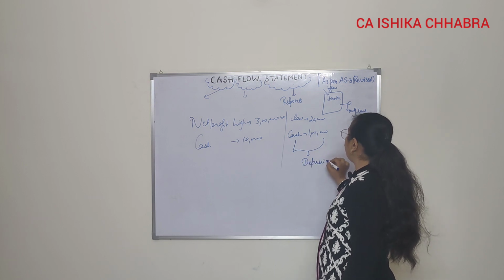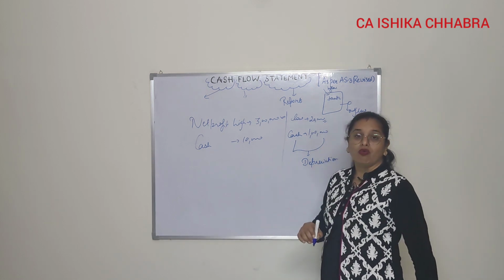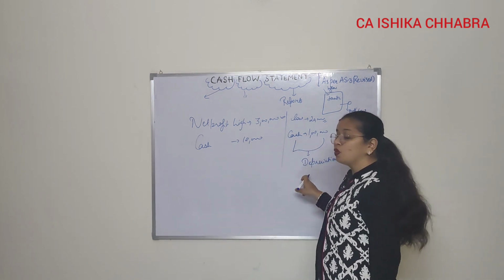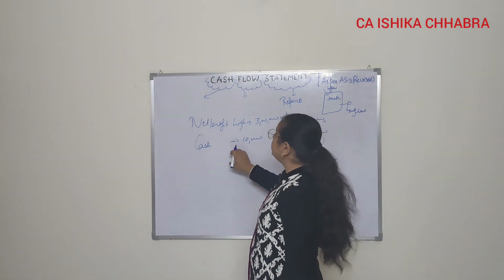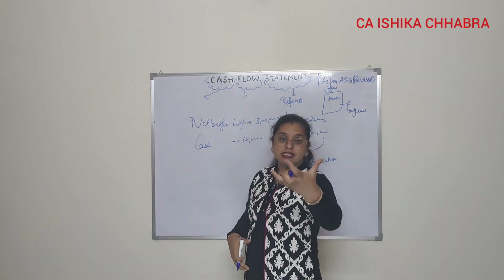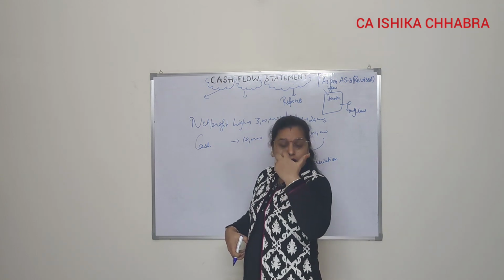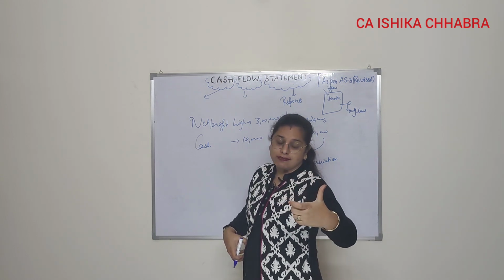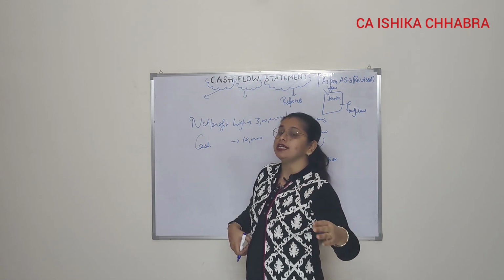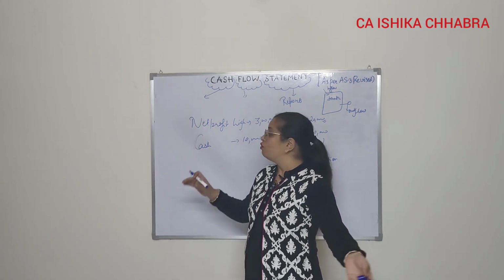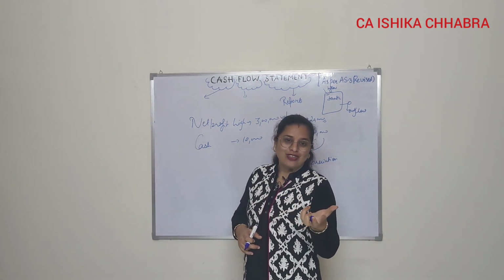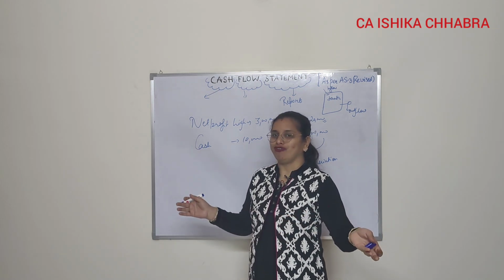The depreciation amount is so high that our net profit goes low, but our cash is high. In the other case, net profit is high but cash is very little, for reasons like credit sales. We have credit sales and cash sales both in our business, so we have less cash but huge profit.